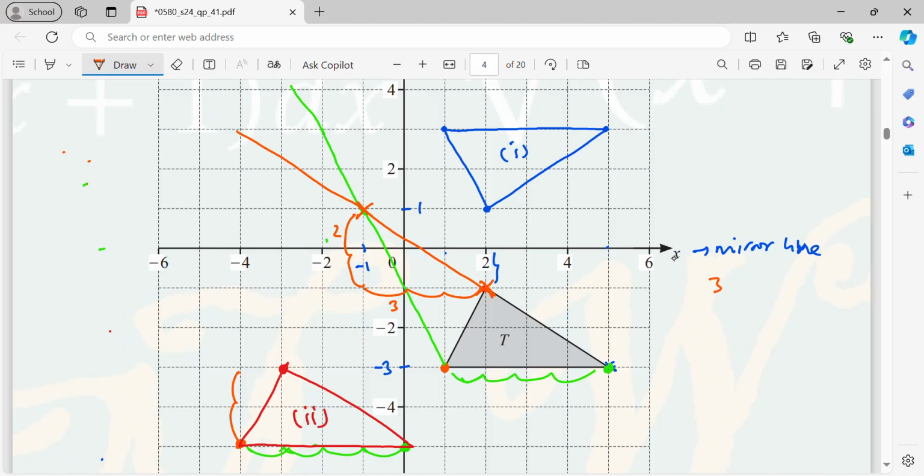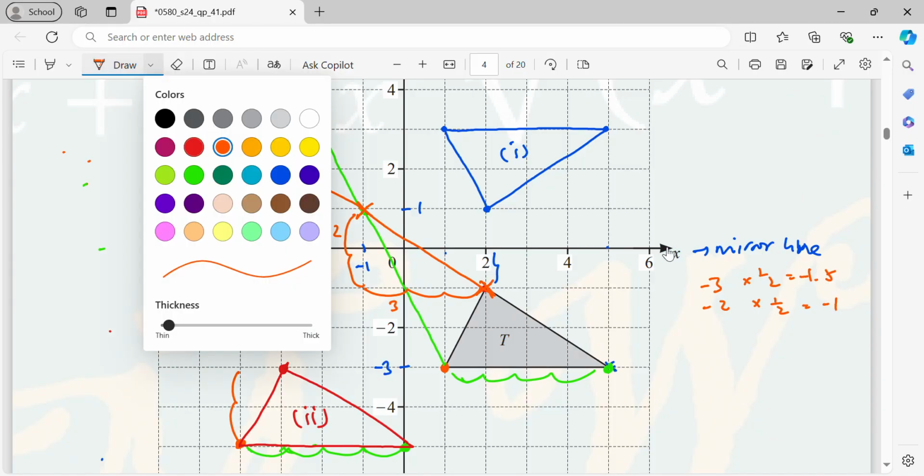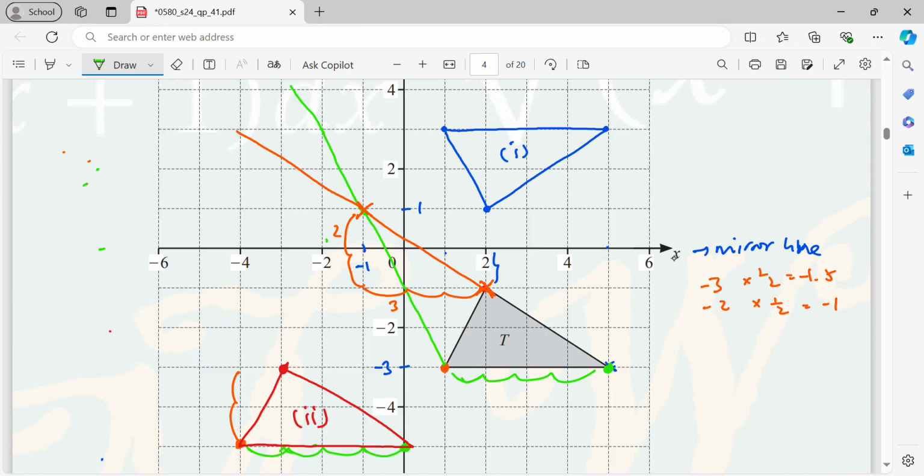So when you times half to 3, that is 1.5. Okay, negative 3 and negative 2. If you times half, this is going to be 1.5, and then this is going to be 1. That means for your enlargement graph, it should be 1.5, then after that 1.